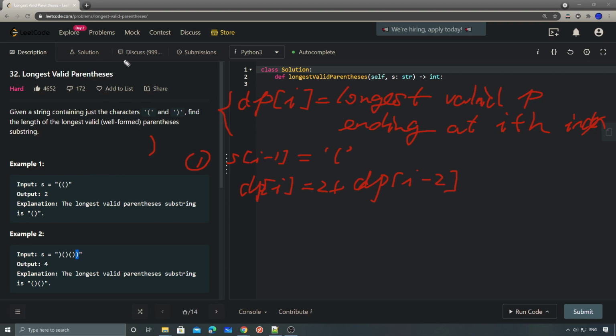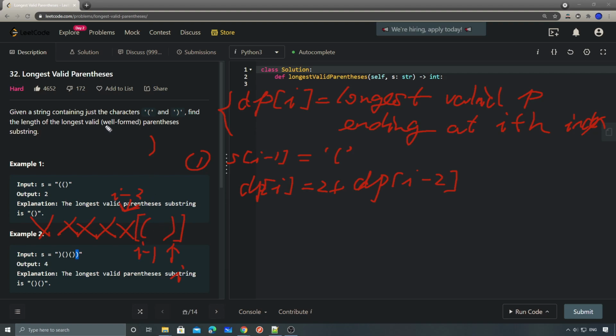So this is pretty straightforward. Let's say we have several parentheses, and now we have a left and right. This is i, and this is i-1. We know that this one can definitely form a valid pair. That's why we can do 2 plus dp[i-2]. And this is i-2.